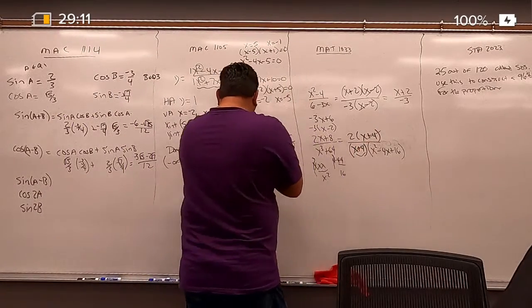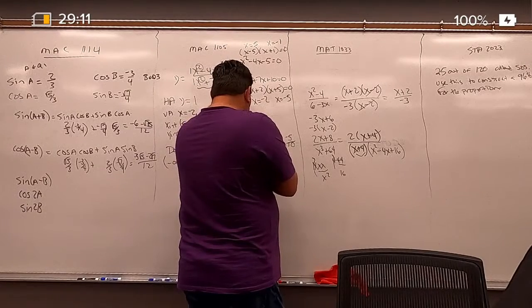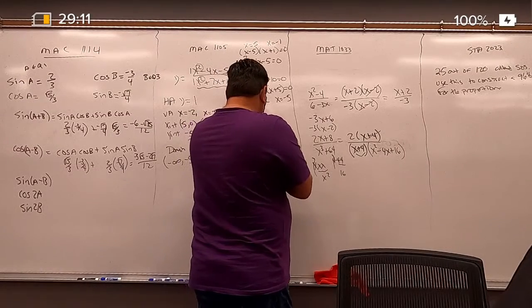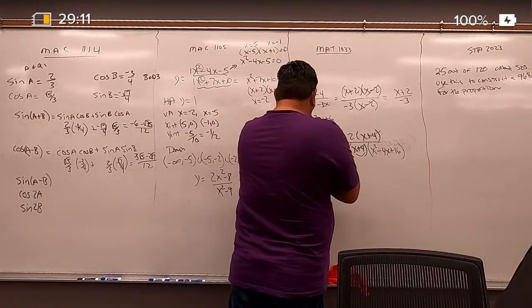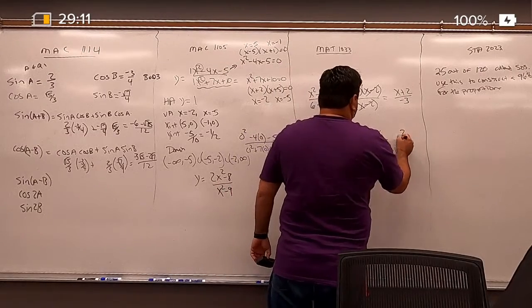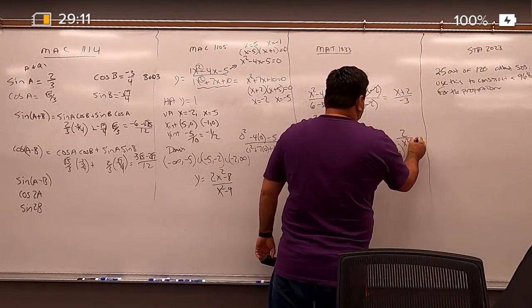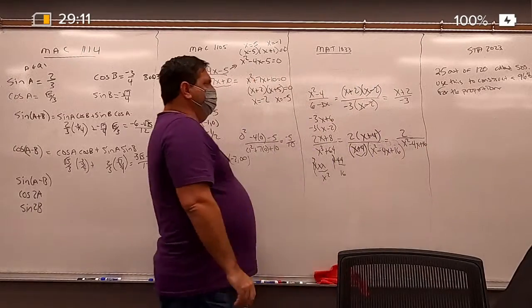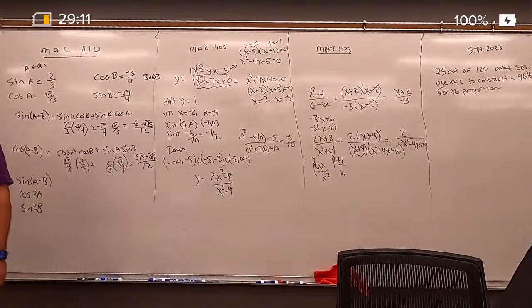The x plus 4 is common to both. And we got 2 over x squared minus 4x plus 16. We good? Is that the final answer? Yes, sir. That is the final answer.